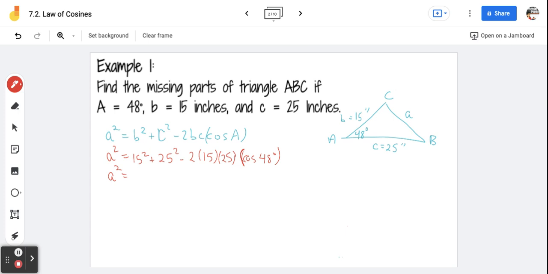I want to make sure I'm in degree mode, because otherwise it's going to read that as 48 radians, and I don't want that. Again, I think this is some leftover from before and needs to go. 15 squared plus 25 squared minus 2 times 15. Not sure what the problem with this is.